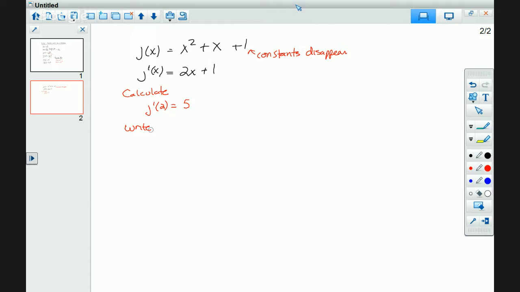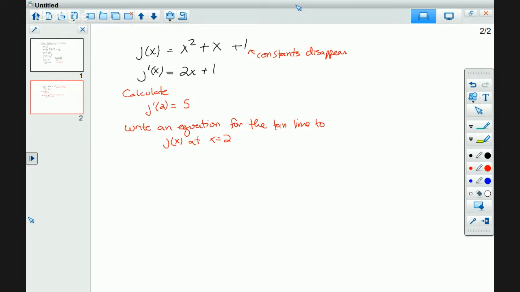Write an equation for the tangent line to j of x at x equals 2. We have done all of the background work, right?